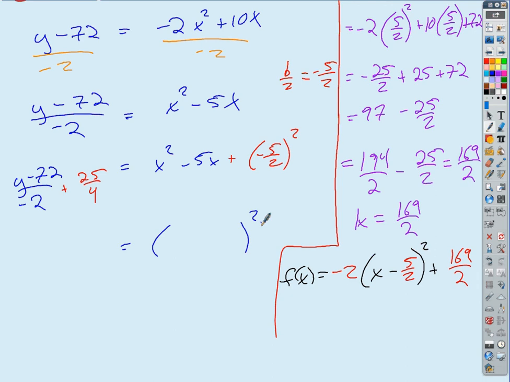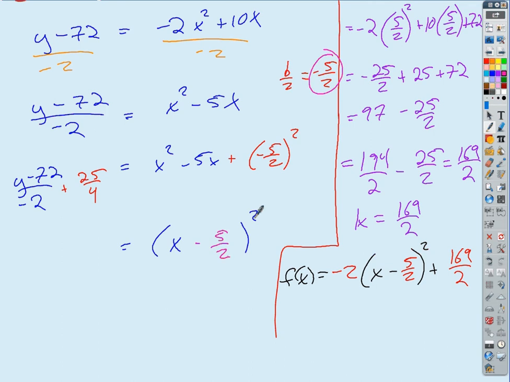Right? I created a perfect square trinomial, and what are the magic numbers always going to be? What numbers multiply to 25 fourths, which is what that is, and add to negative 5? It's always going to be b over 2. Every time, right? I already knew on the right side that I was going to get x minus 5 halves quantity squared.